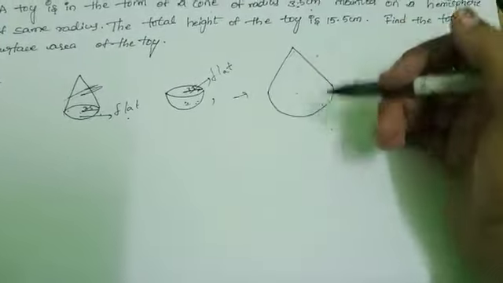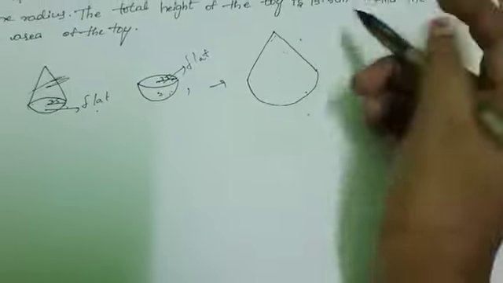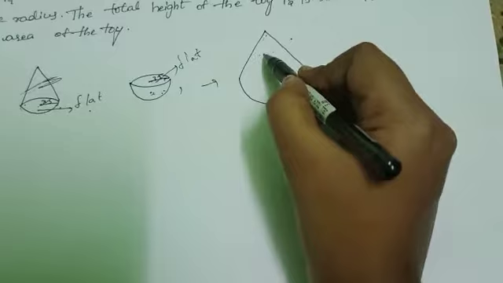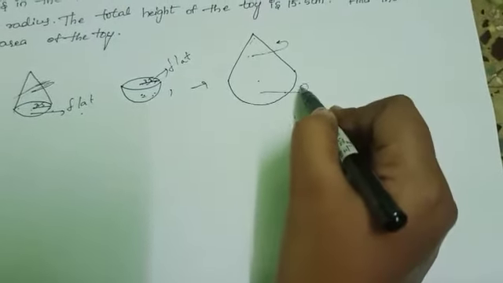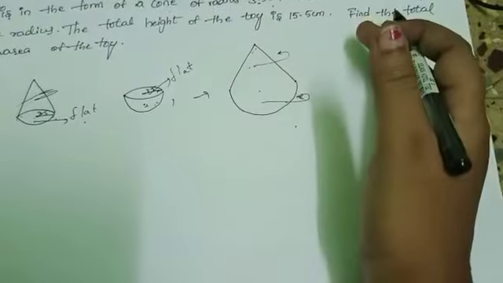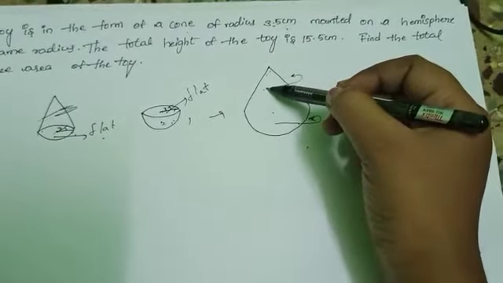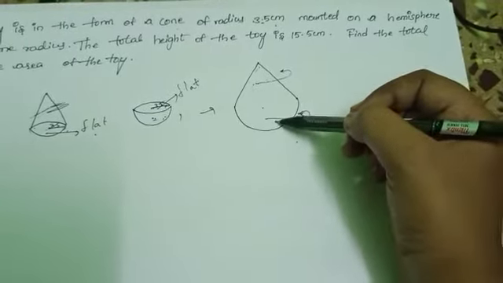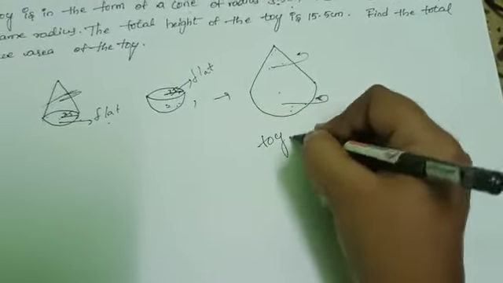Here the toy has the above part curved surface and the below one curved surface. There are no flat surfaces. Only curved surfaces: the curved surface of the cone and the curved surface of the hemisphere. This is the toy.